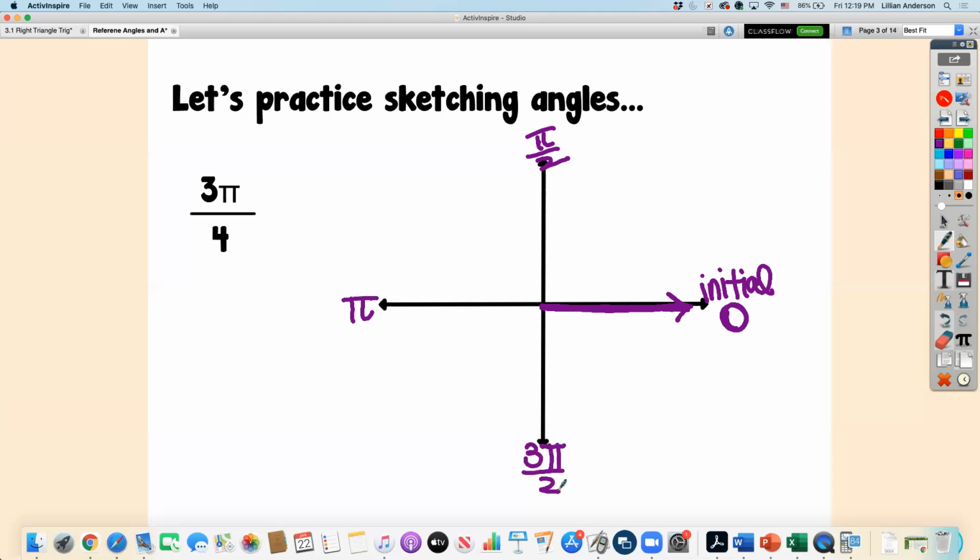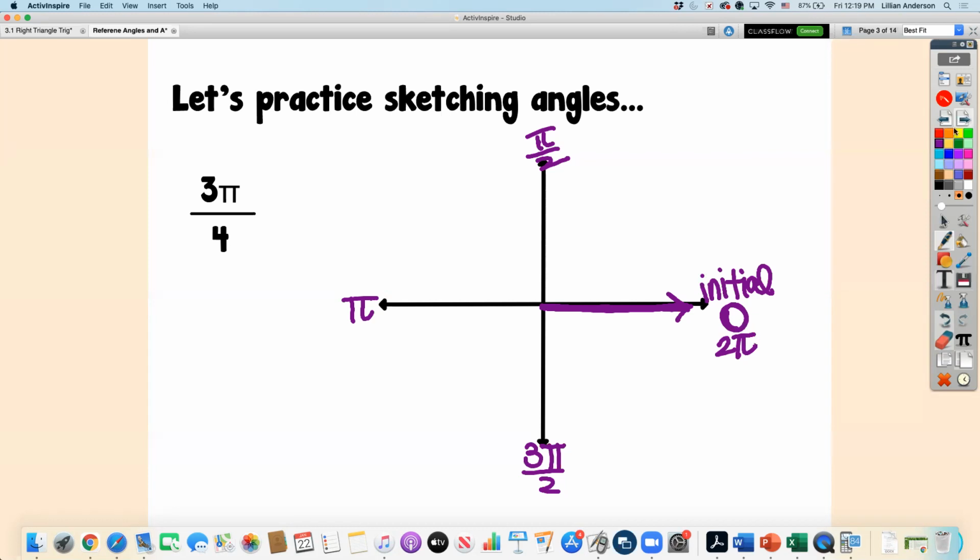And then when you go a full 360 degrees, yes, you're back at 0, but you've already gone a full turnaround. So what is that? 2 pi, okay? So if you're trying to figure out exactly where 3 pi over 4 lies, kind of look at it like this. Take the pi's out of the equation and just look at the number.